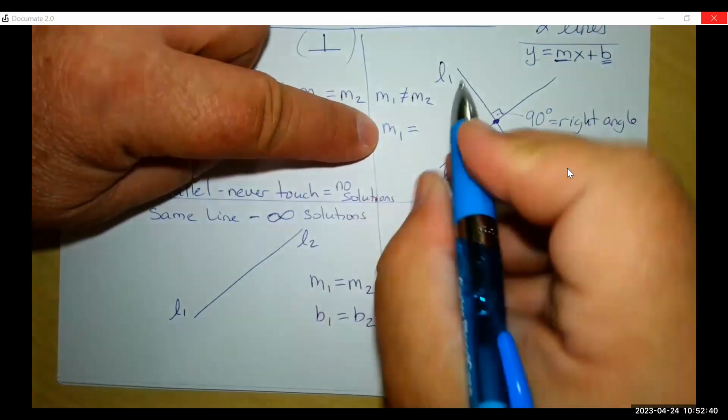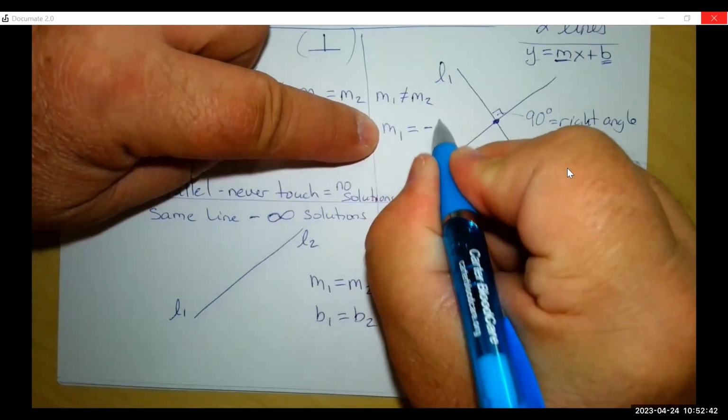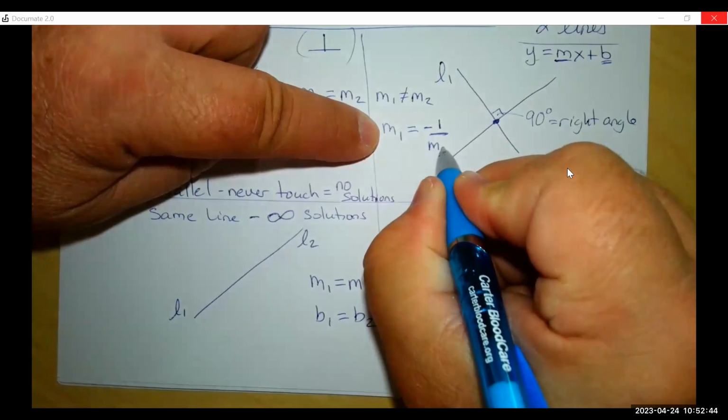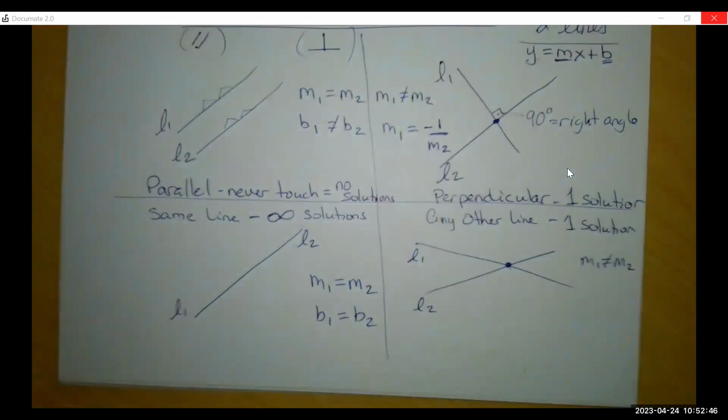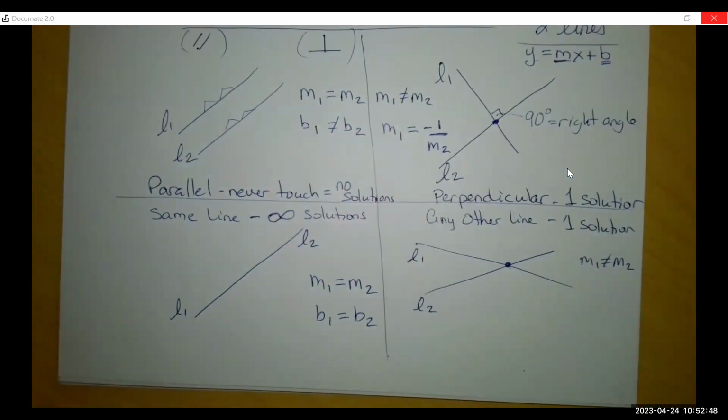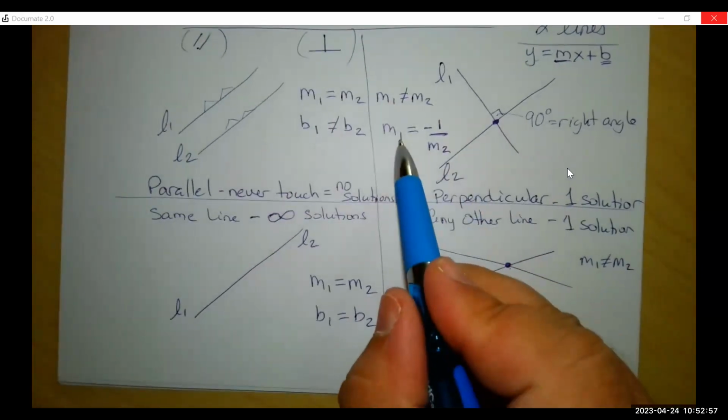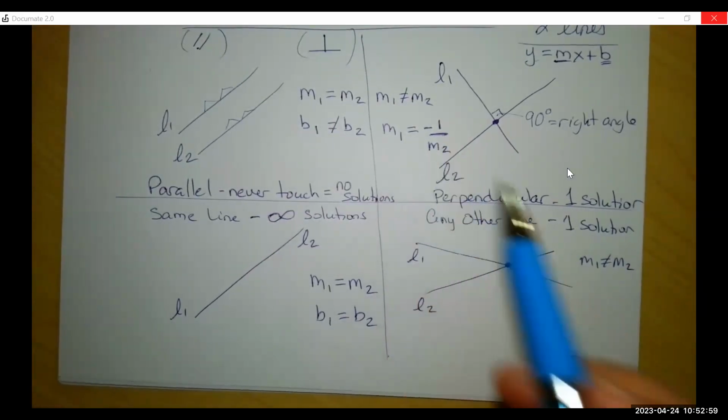The slope of the first line is the negative reciprocal of the second one.